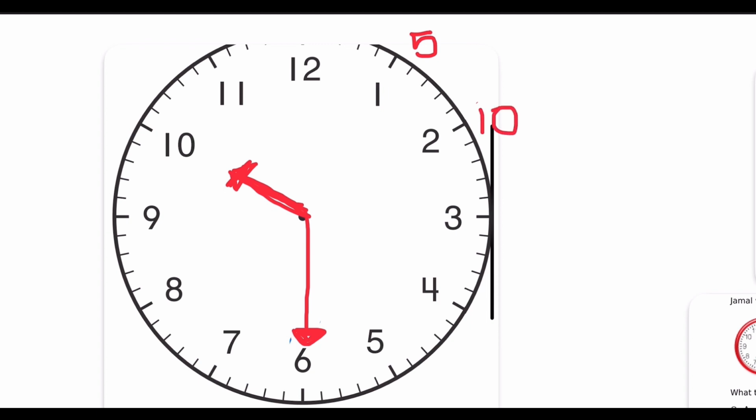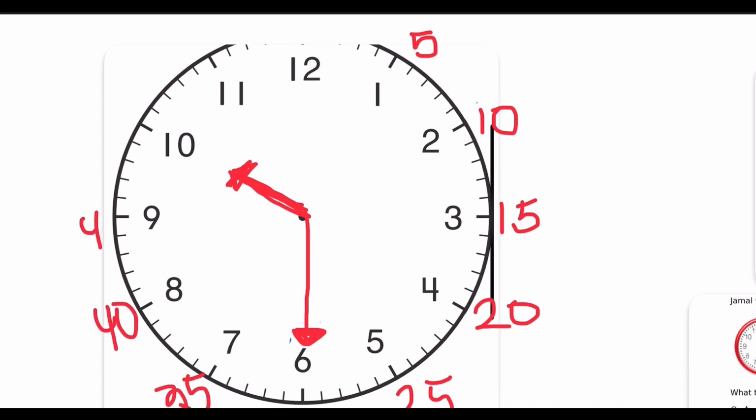Then 10 minutes past the hour, 15 minutes, 20 minutes, 25 minutes, 30 minutes, 35 minutes, 40 minutes, 45 minutes, 50 minutes, 55 minutes, and o'clock, which means 60 minutes, or a whole hour has passed.